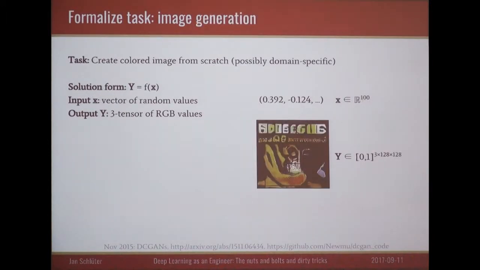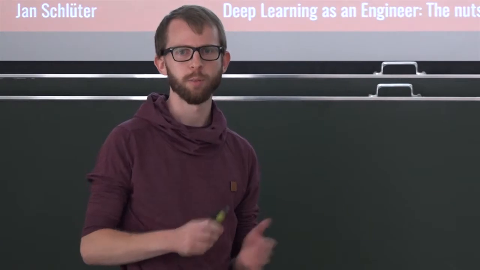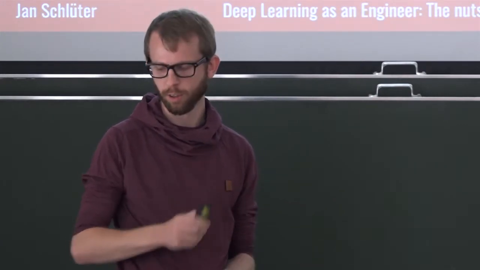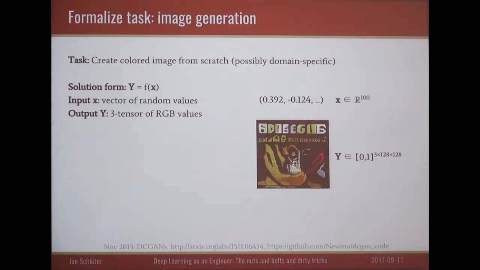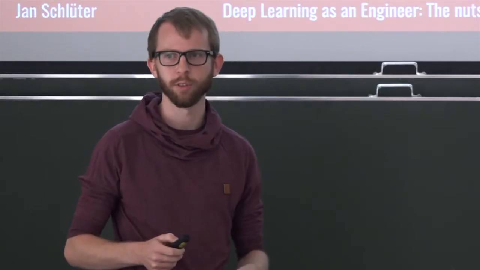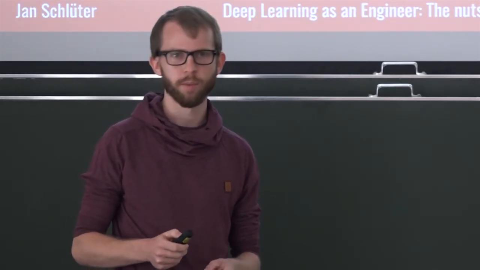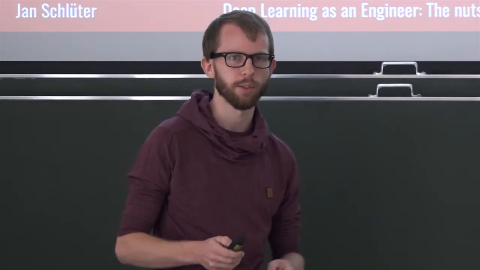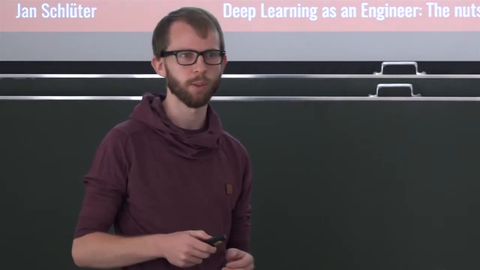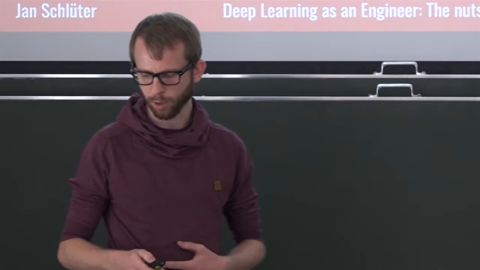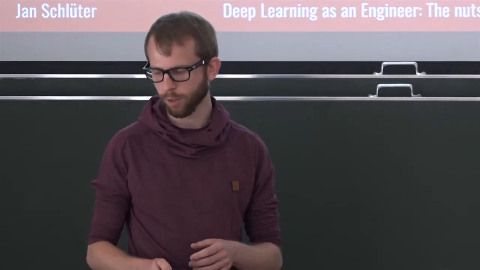And for image generation, one possible scheme is to express the solution as a mapping from some random vector to an image, again as a 3-tensor of RGB values. That's just one way to formalize image generation, and that's one that's quite popular nowadays because of the generative adversarial networks.